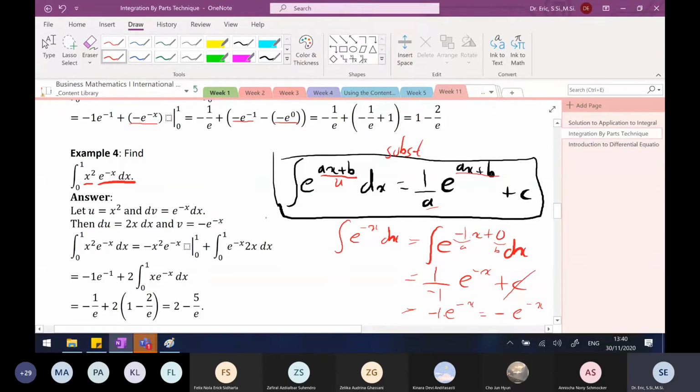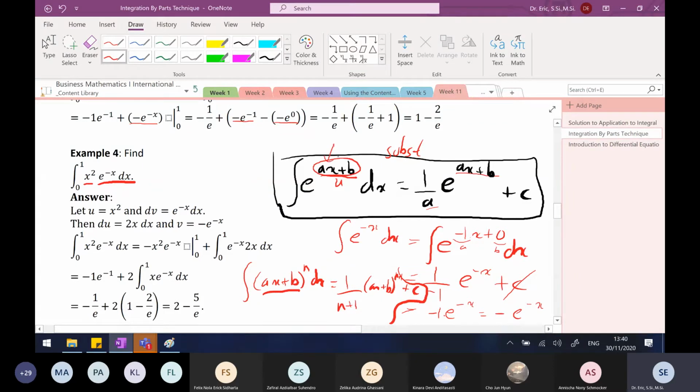And this applies also if you have the integral of (ax plus b) to the power of n dx, it will give you 1 over n plus 1 times (ax plus b) to the power of n plus 1, plus constant. But just for a linear one.